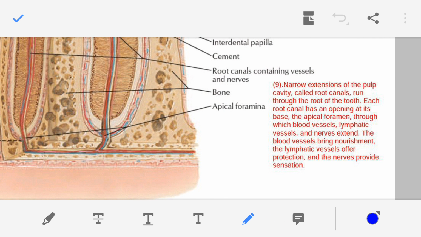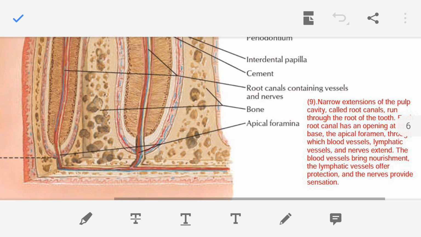Now each root canal has an opening at its base. For example, this is the root canal, and at the base an opening is present, and this opening is known as the apical foramina.